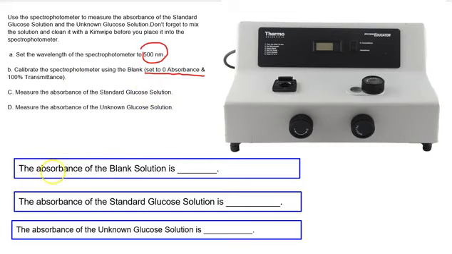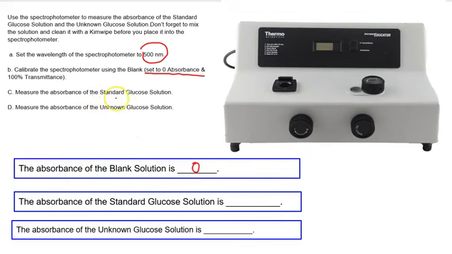What does it mean? It means that you need to write it down: the absorbance of our blank solution would be 0, because we calibrated our spectrophotometer by using the blank solution. So make sure you know the absorbance of the blank solution is 0.